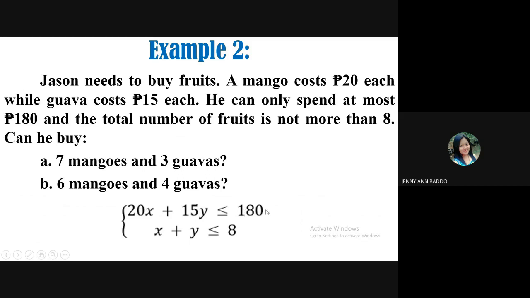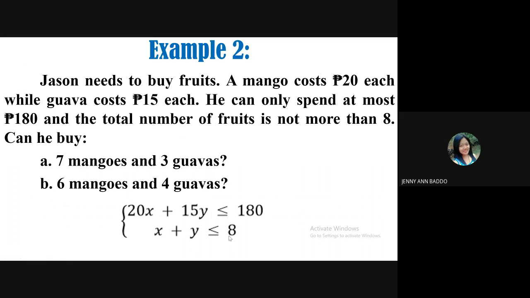That's our first linear inequality. For our second linear inequality, we have x plus y is less than or equal to 8, since it was stated that the total number of fruits is not more than 8. Not more than means less than or equal to 8.